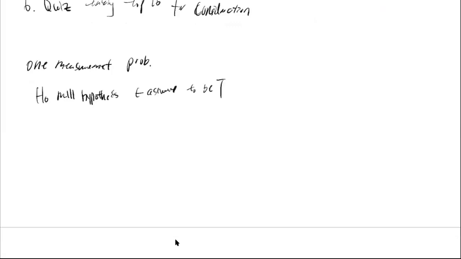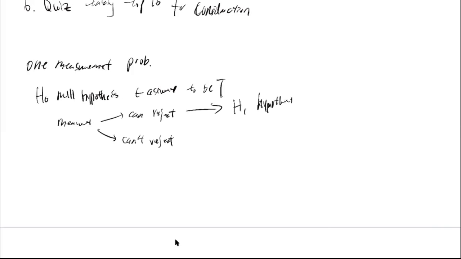We want to do measurements to see if our measurements say that we can reject our null hypothesis. If we can reject the null hypothesis, we go to the alternative hypothesis, which is usually the contrary of the null hypothesis. But if we can't reject our null hypothesis, we'll stick with the null hypothesis.